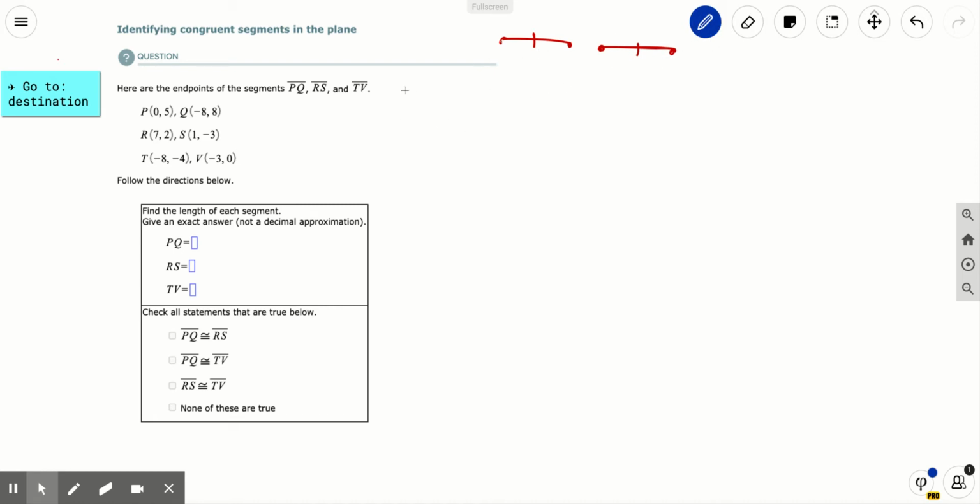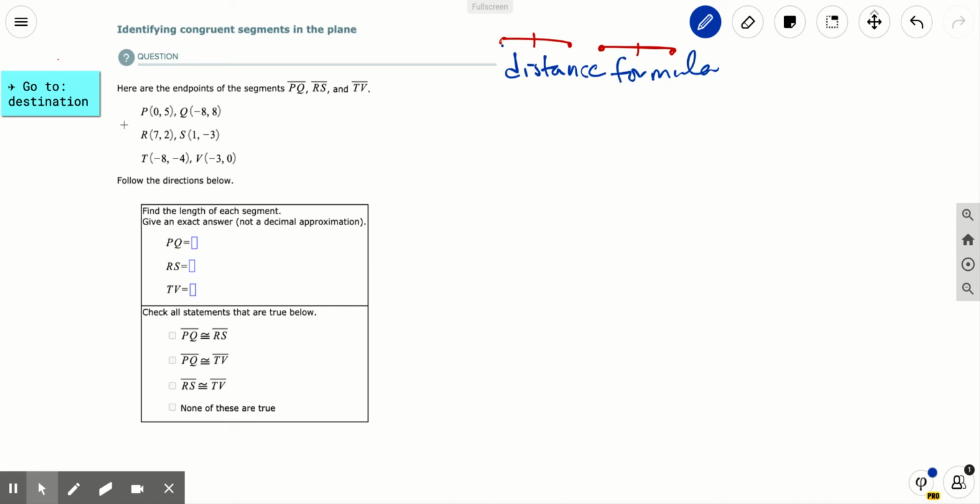All right, so this one is about identifying congruent segments. And the only way you can tell what size they are is you have to use the distance formula. I did the distance formula in the notes yesterday, so I'm not going to teach that per se, but here it is. Here are your endpoints, PQ, RS, ST, and TV.